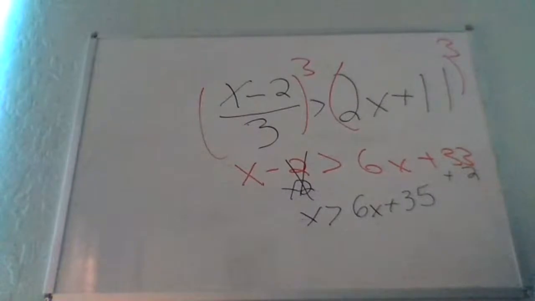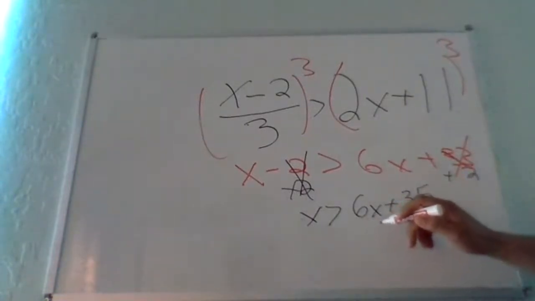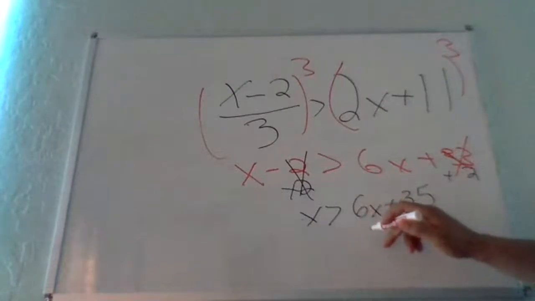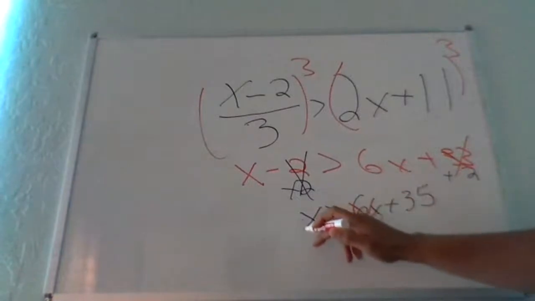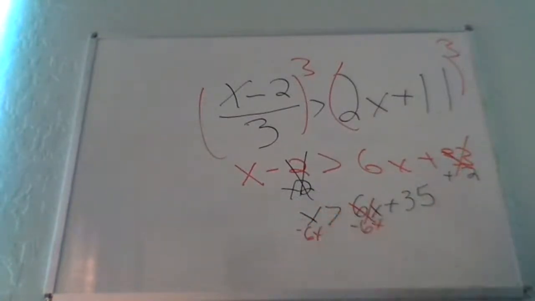And now we're done, right? Not yet. No. Then I pass 6x to the other side as a negative. Oh, so you subtracted 6x. Yes, I subtracted. What did that give you?